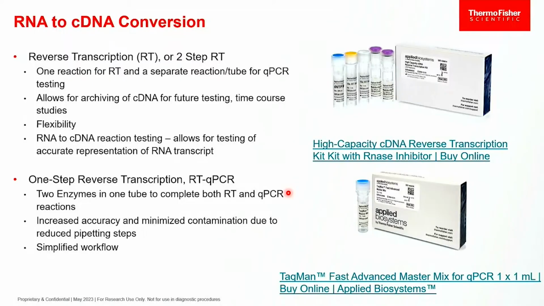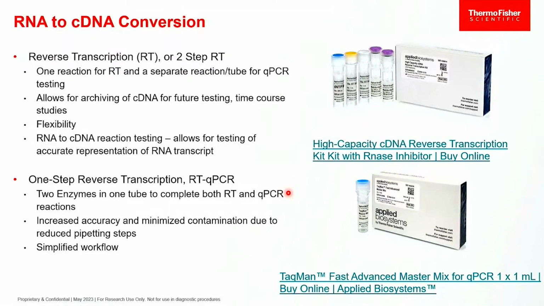RT, qPCR. The other option is to do them together, RT-qPCR. And what that means is that we have a master mix that has both of those enzymes, the enzyme that can do the reverse transcription and the enzyme that can do the cycling amplification process in the same tube, okay?